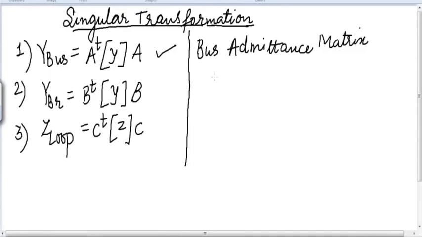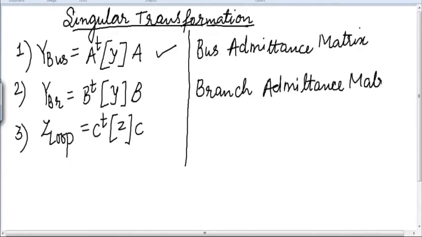Similarly for YBr, BR represents the branch, so the name of the second matrix is the branch admittance matrix. And the third matrix is ZLoop. Loop means basic loop, we all know this. Z means impedance, so we will write here loop impedance matrix.